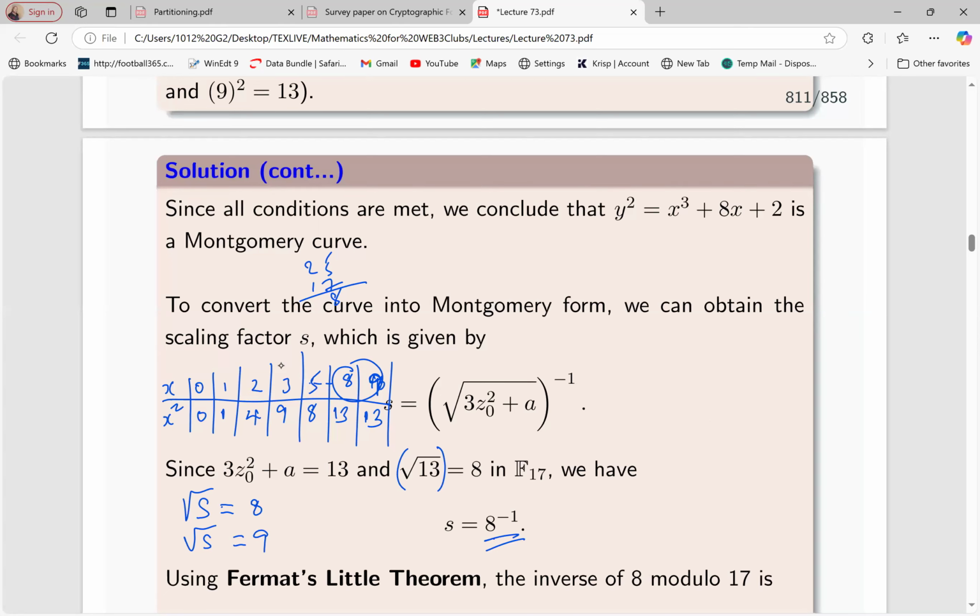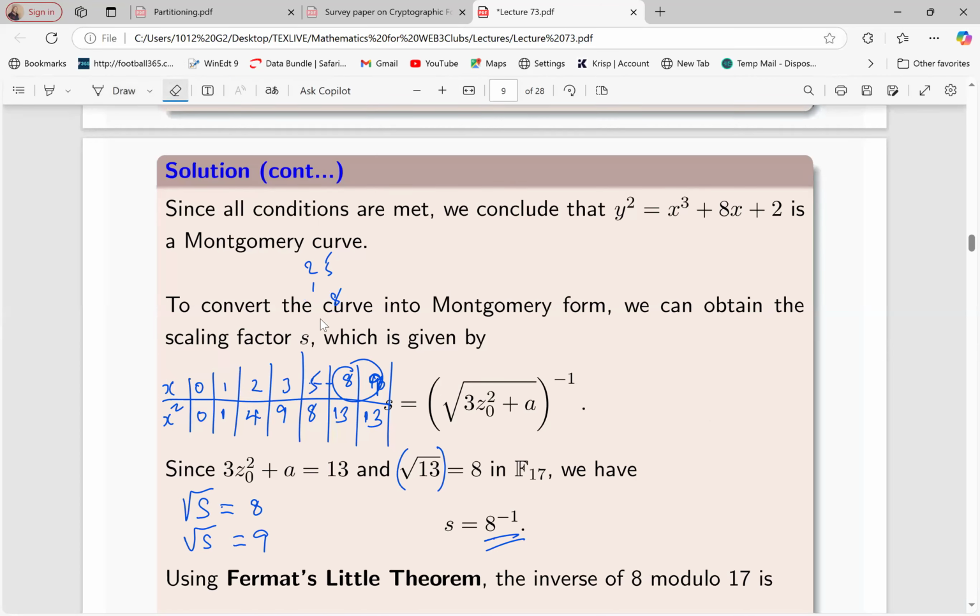So we will first look at a scenario where we are using 8, then later come to using 9. These 2 will give us 2 different Montgomery equations.